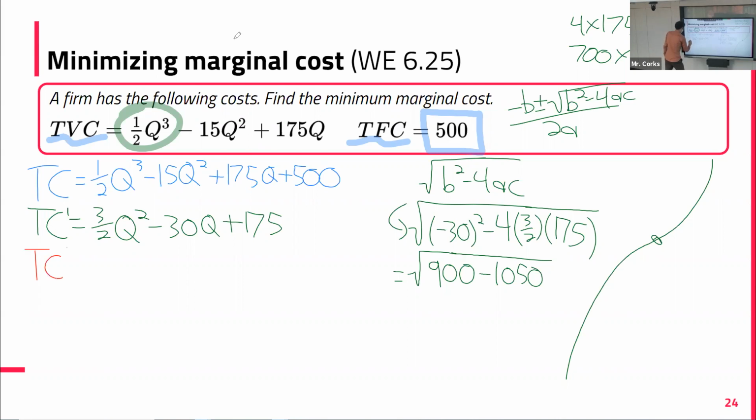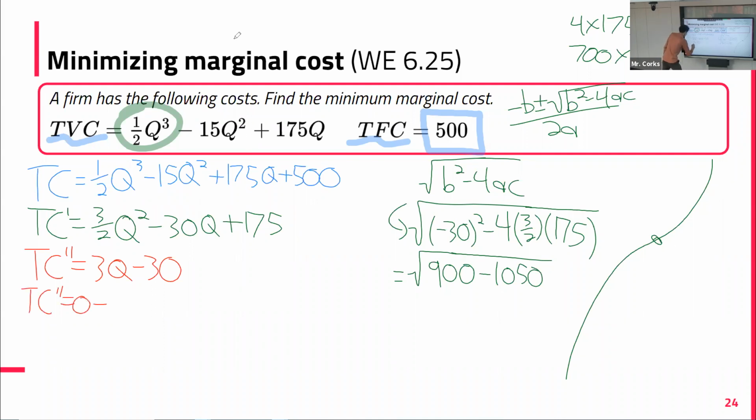So let's look at our second derivative so we can find the inflection point. What's the second derivative? 3Q minus 30. How do we find inflection points? We set this equal to 0.